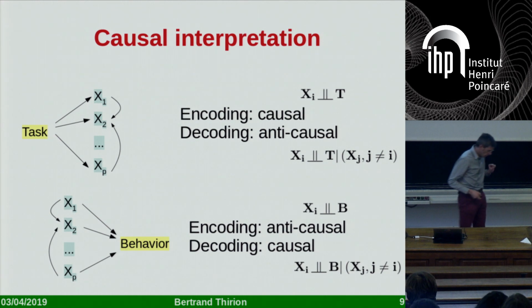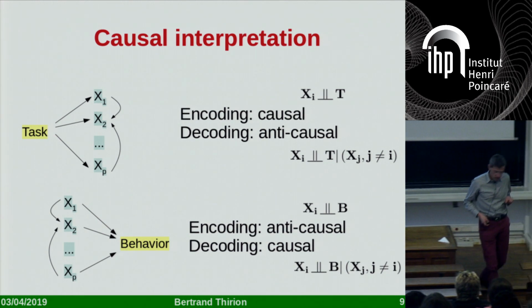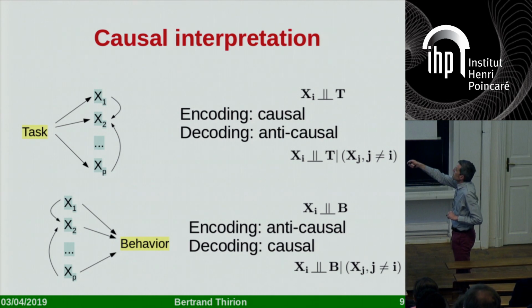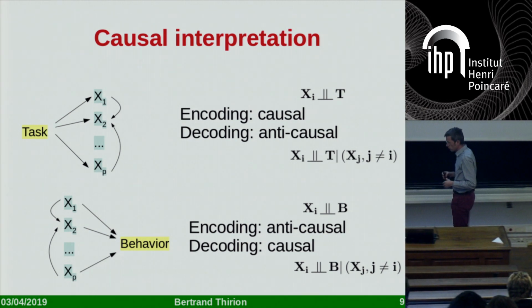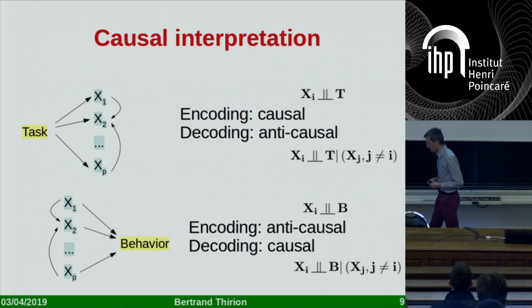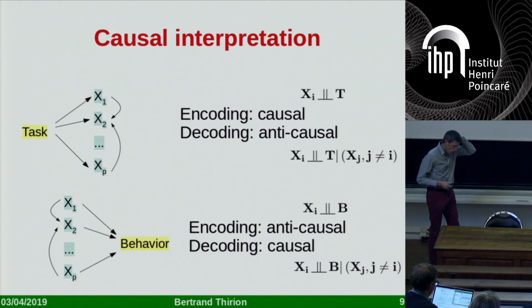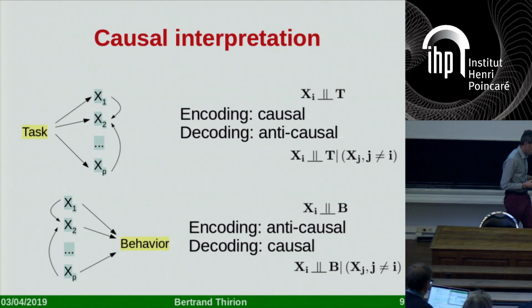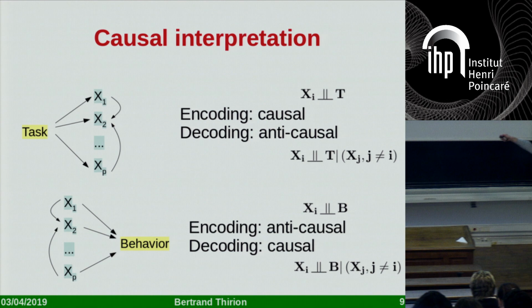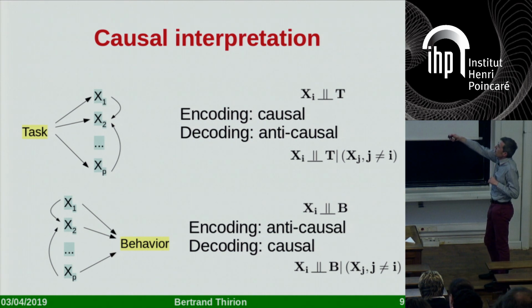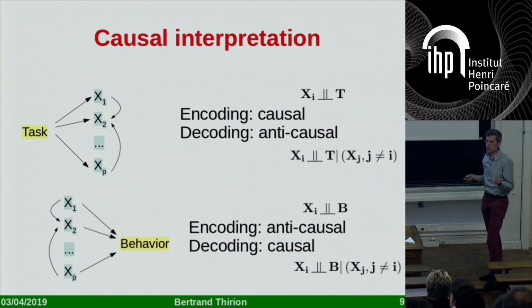So if we formalize a little bit more, let's call T the task that is performed, and X the brain, observed in P locations. So P is typically 100,000, if you like. And so we have the signal in all the brain voxels. The way we conceive the data is that the task will have some influence on different brain regions, but also brain regions talk to each other.